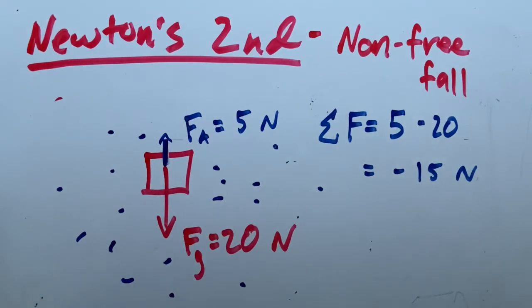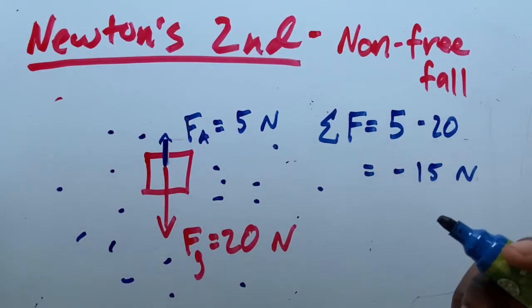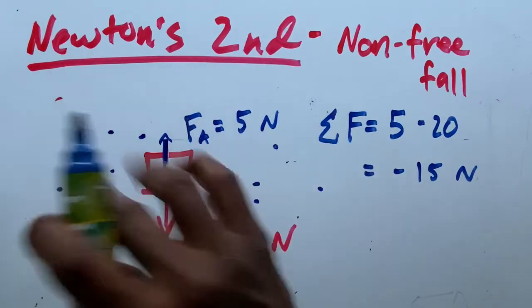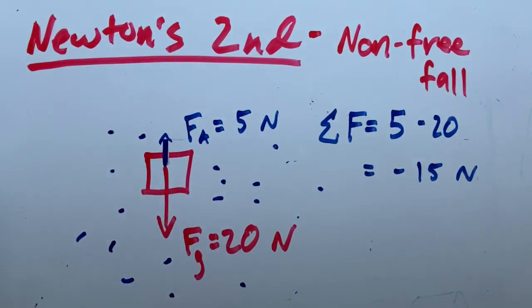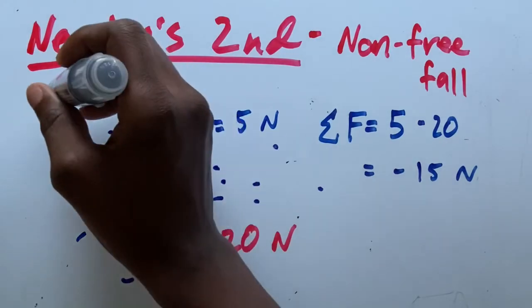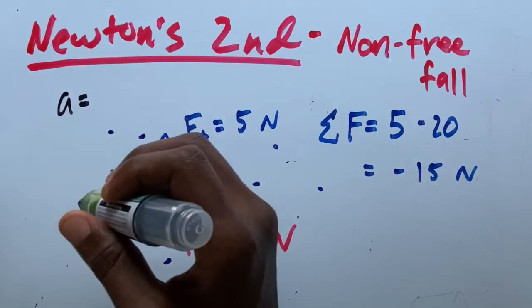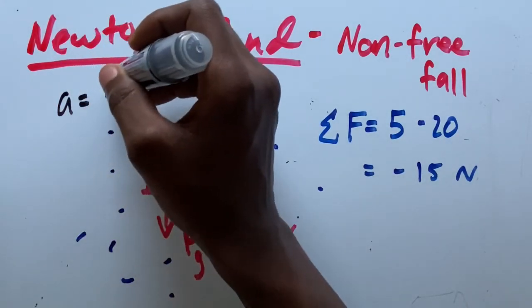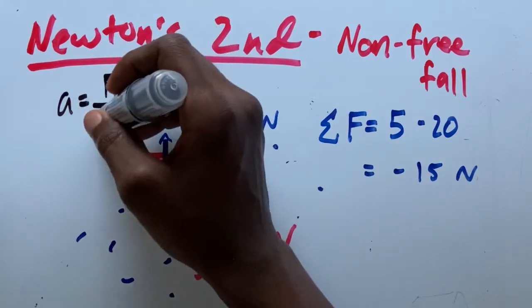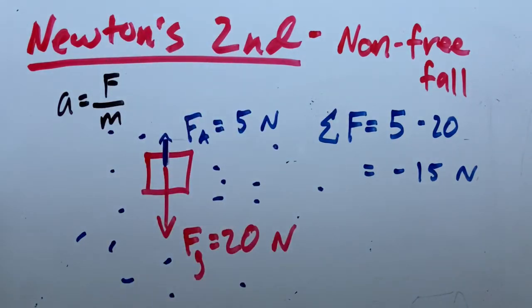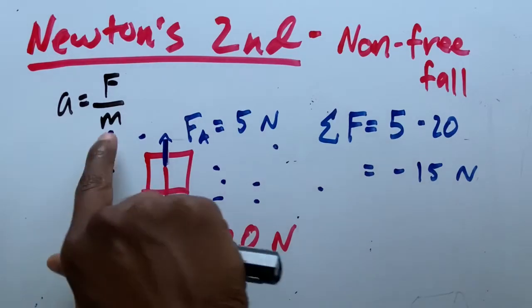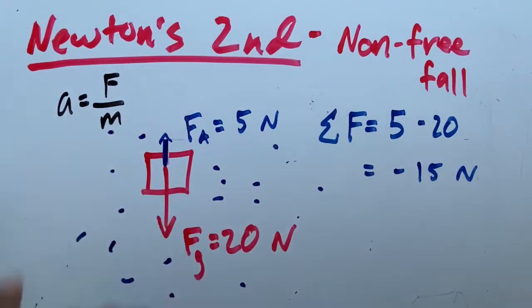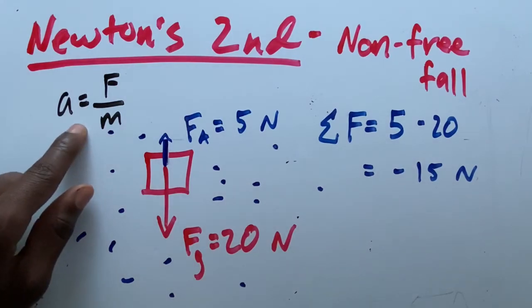So now we know from Newton's second law here that a, or the acceleration, is equal to force divided by mass. And so we're trying to find this acceleration here, but we do not know what the mass is.